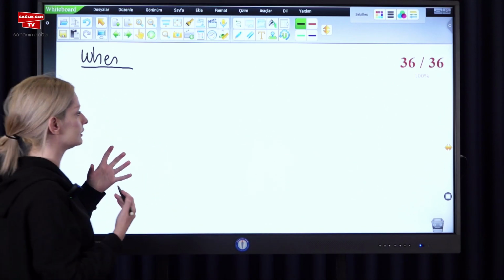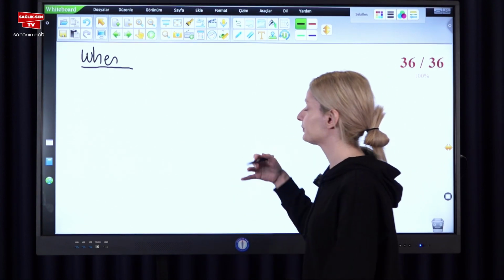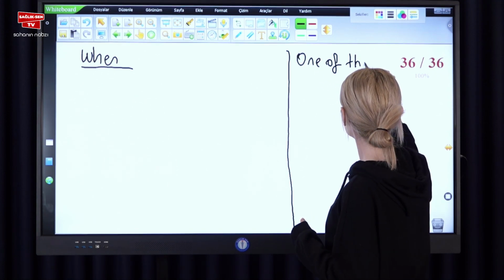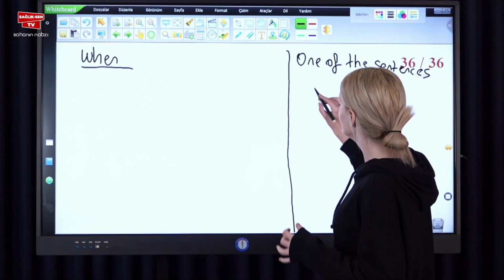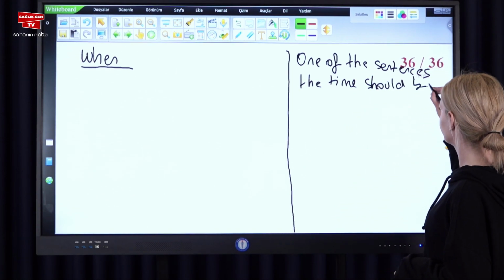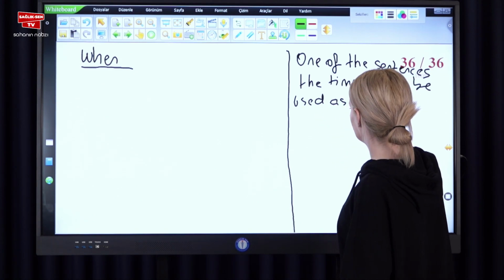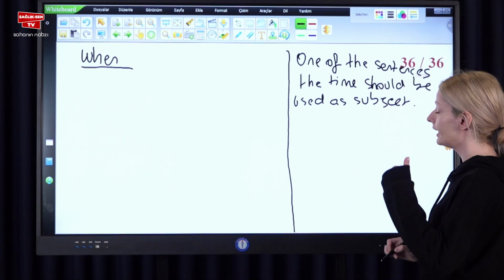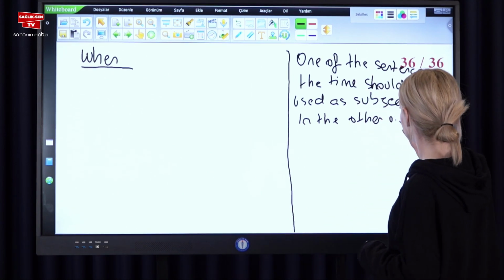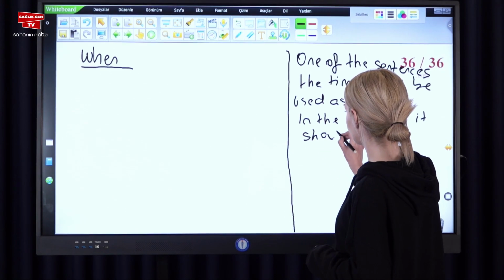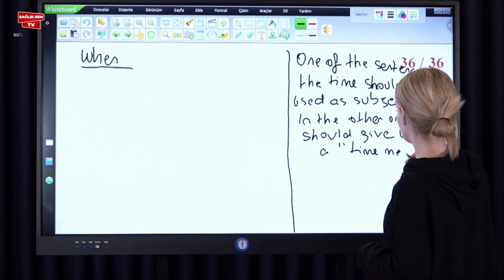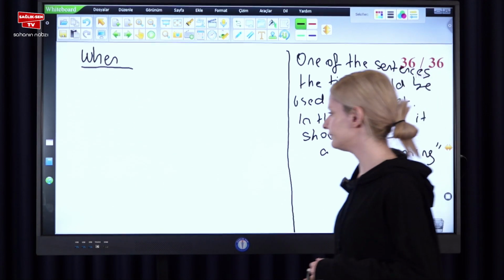It is pretty similar to where in terms of the rules, because in one of the sentences, the time should be used as subject, and in the other one, it should give us a time meaning. Let's give an example.